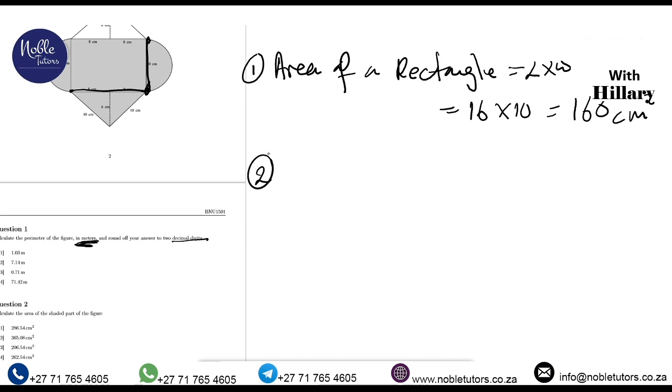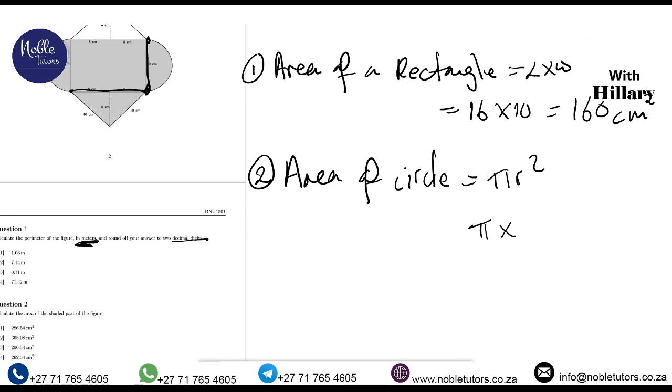Then secondly, we calculate area of a circle. Area of a circle is equal to, remember, we mentioned that earlier, pi r squared. Now, we now know how to get the r, the radius. So our pi, the value of pi is always given on your calculator, times the radius.